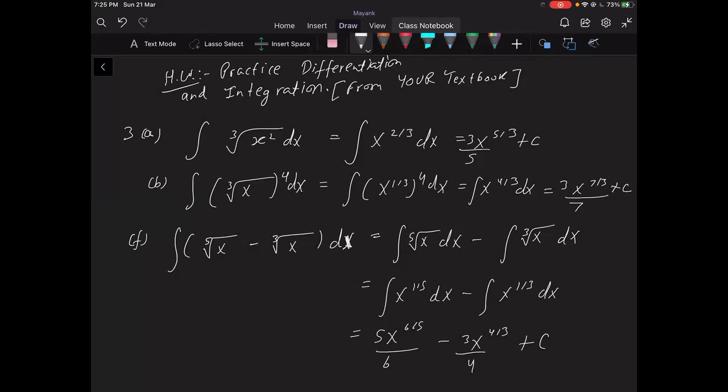So boundary conditions, if you remember, we did do it actually. Boundary conditions is when you have an indefinite integral and they give you some value of f at some x, hence you find the constant. You remember doing that? Yes, sir.